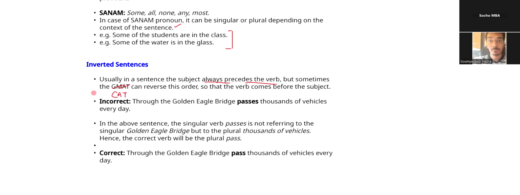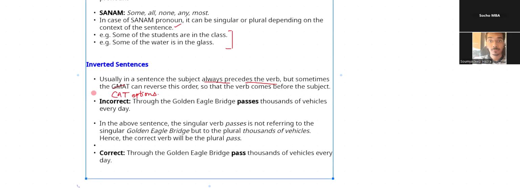Okay, remove GMAT from here and add CAT. Okay, options. अच्छा, verb comes before subject. अच्छा. Yes. Getting me? Done.